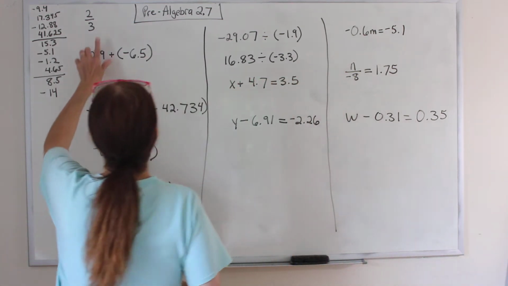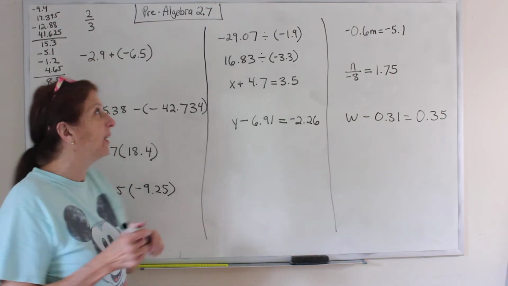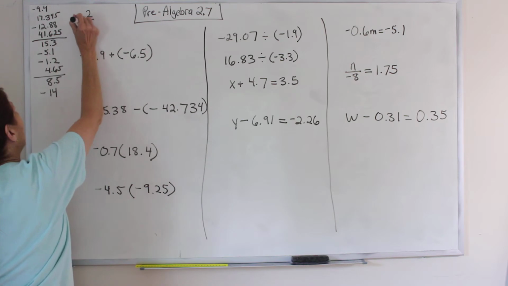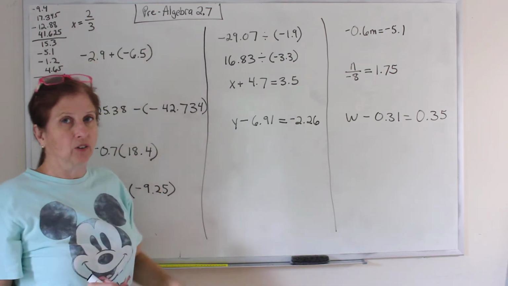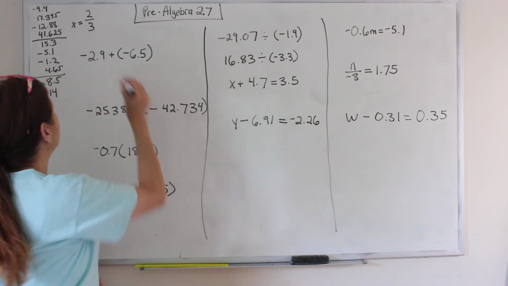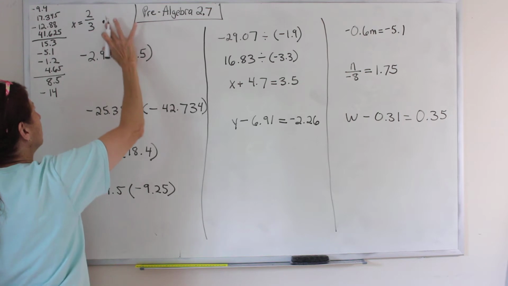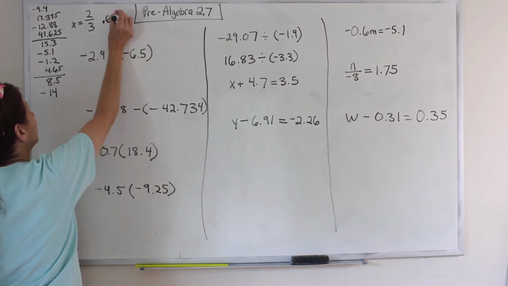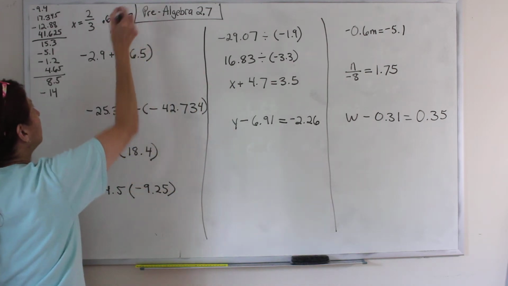If you have this number 2/3, it is an absolute number. It has not been rounded off. We could say x equals 2/3 and it equals 2/3. But if we put this in our calculator, we would get 0.6666, as big as your calculator screen is, 7.